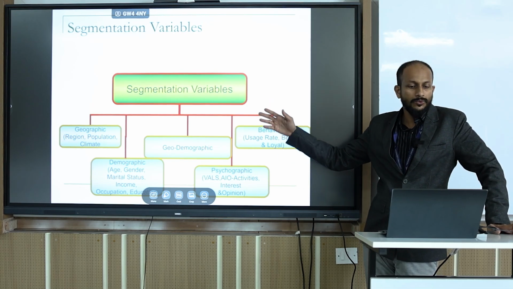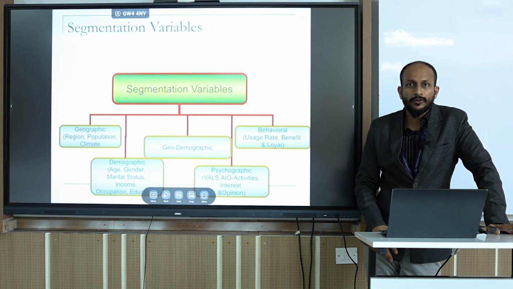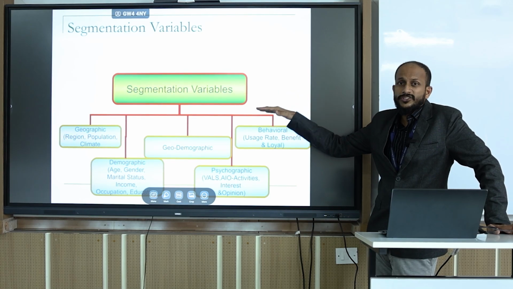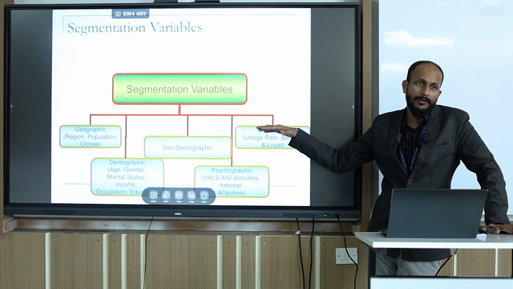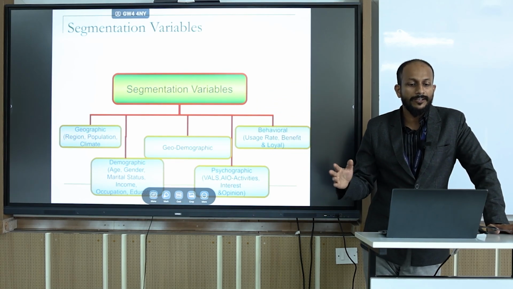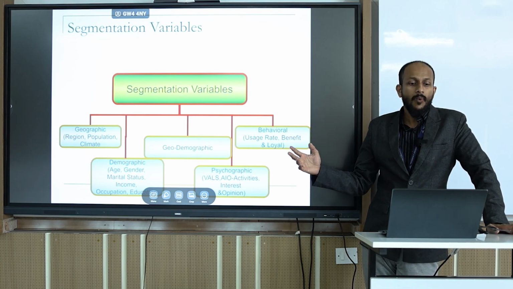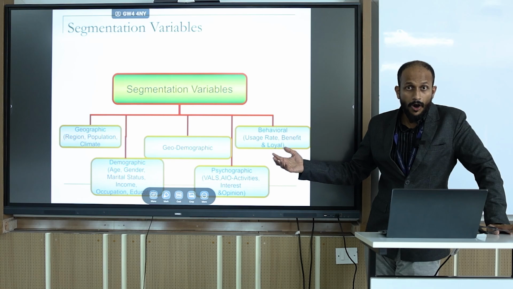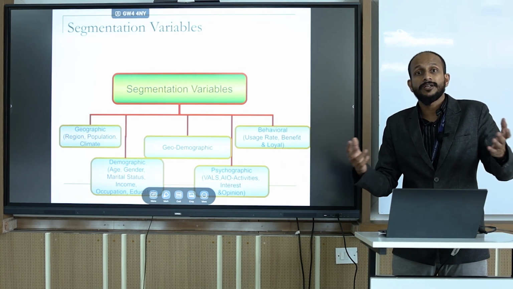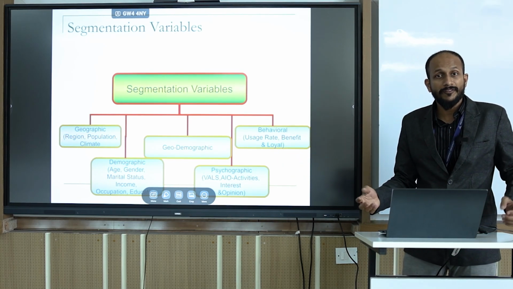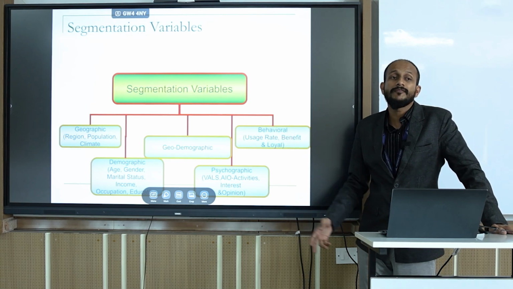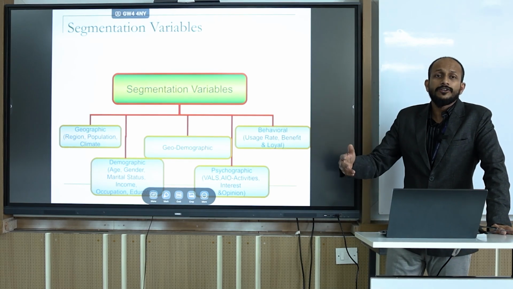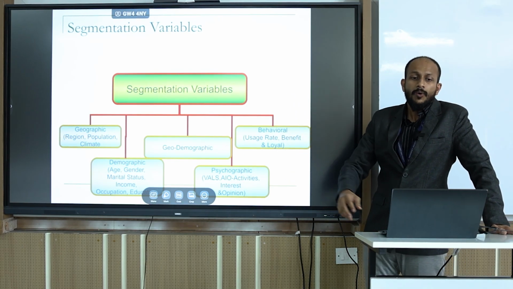Credit goes to big authors like Philip Kotler, but this is not just restricted only to this particular variable. Segmentation can be divided into different types. One, we can have it as geographic, demographic, or it could be a combination, a hybrid, which involves both, geodemographic, psychographic, and behavioral segmentation. Let us get into these variables one by one.